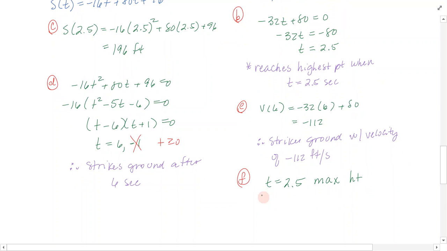And then when time was equal to 6, we were on the ground. So we have this really long time period between 2.5 and 6 seconds. So the speed of the rocket was decreasing until it hit its highest point.